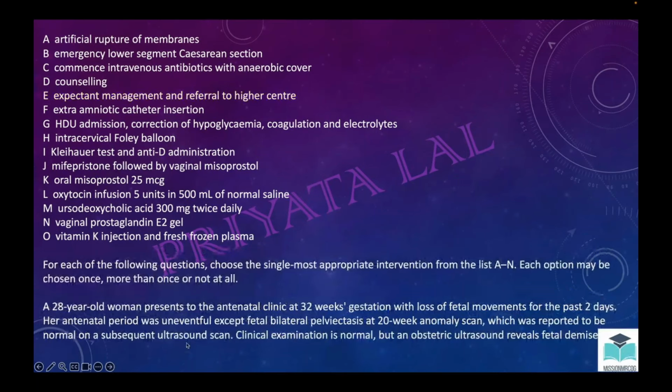Same choices. A 28-year-old woman in antenatal clinic, 32 weeks, with loss of movement for 2 days. Antenatal period was uneventful. There was bilateral pelvic ectasis at the 20 week scan, reported to have a normal subsequent scan. Clinical examination normal.